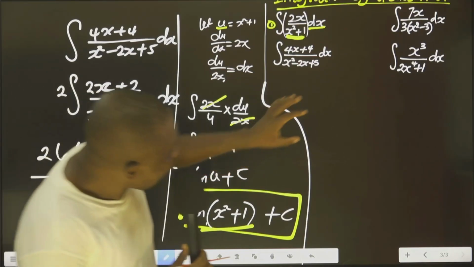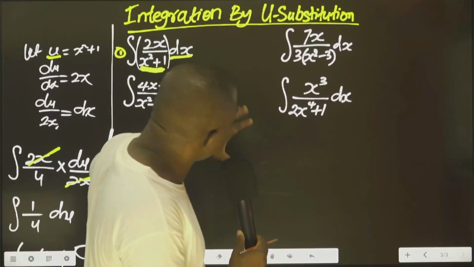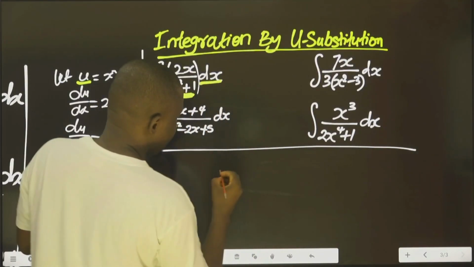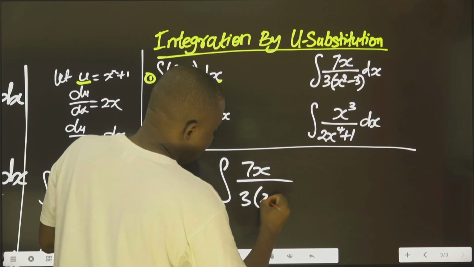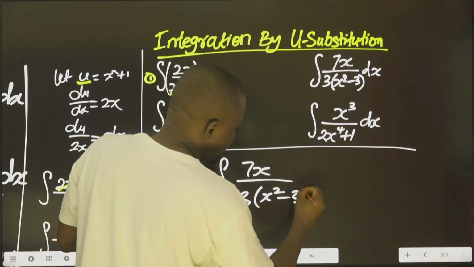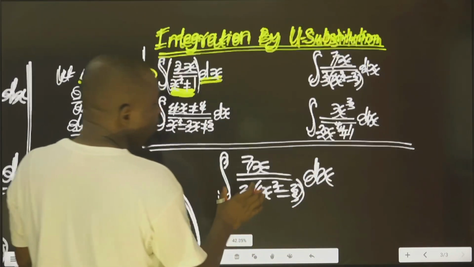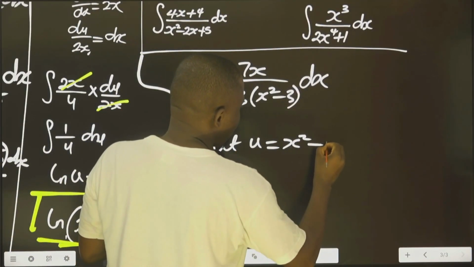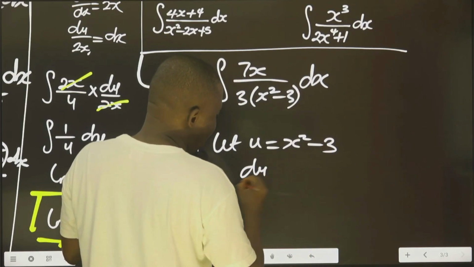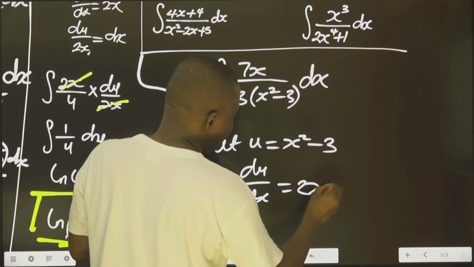Now, let's look at this one too. That is 7x over 3 times x squared minus 3. You can simply say, let u be equal to x squared minus 3. So du over dx is equal to 2x.